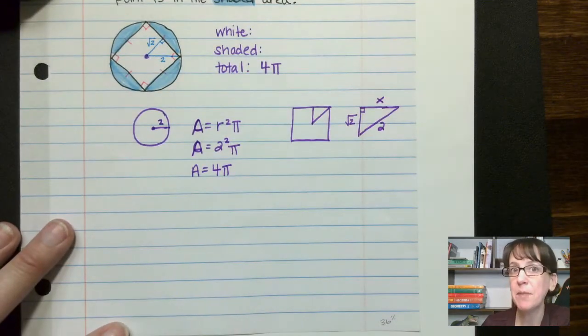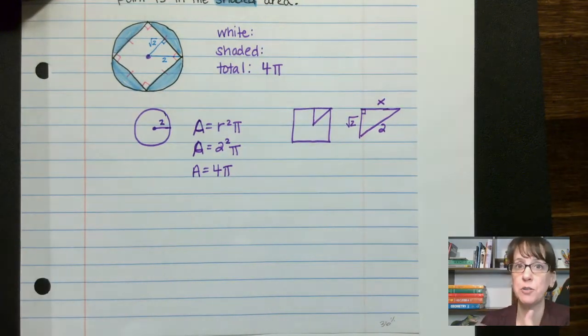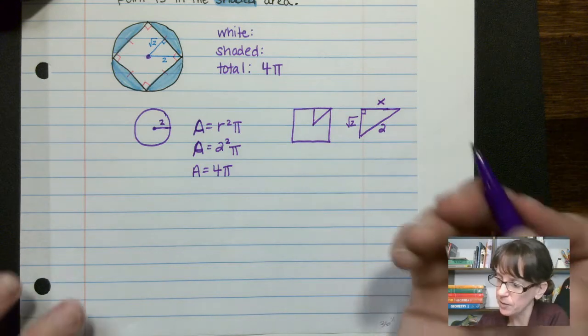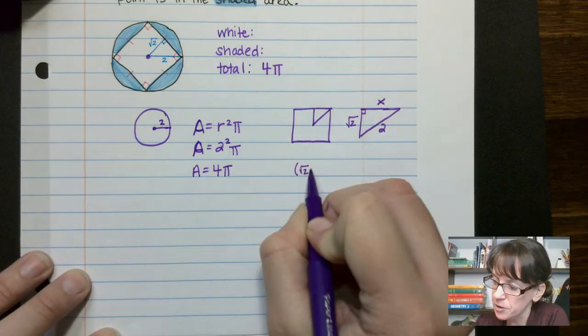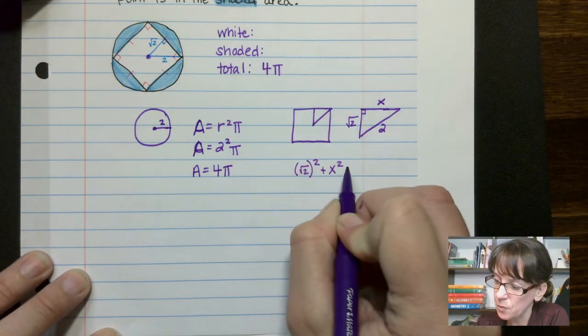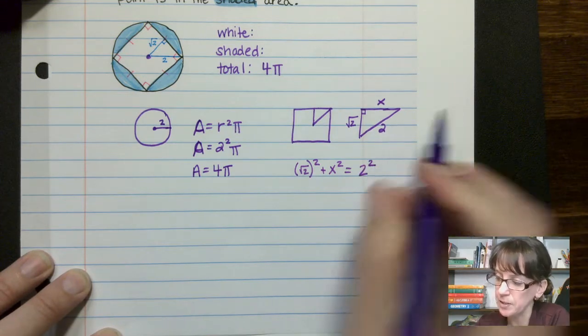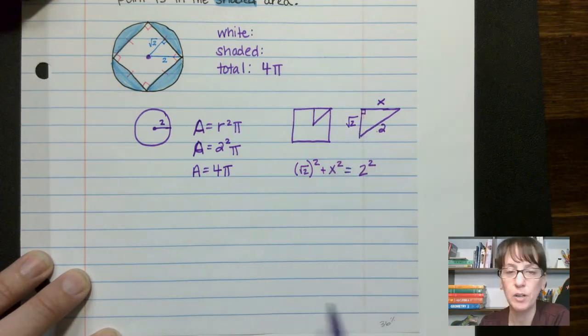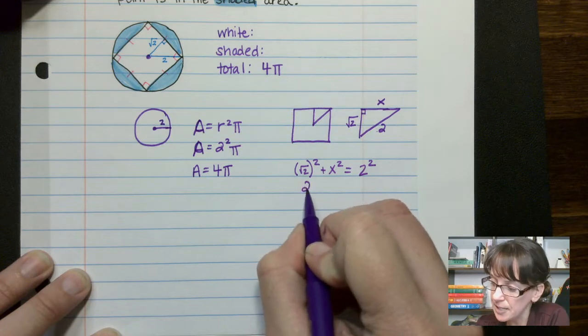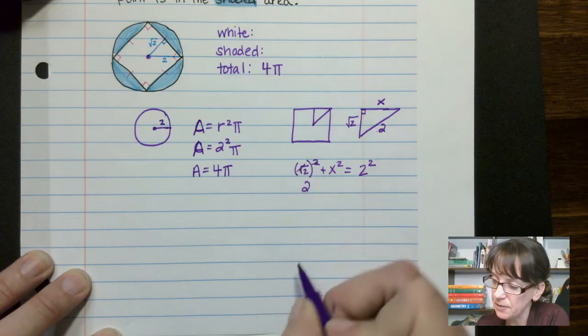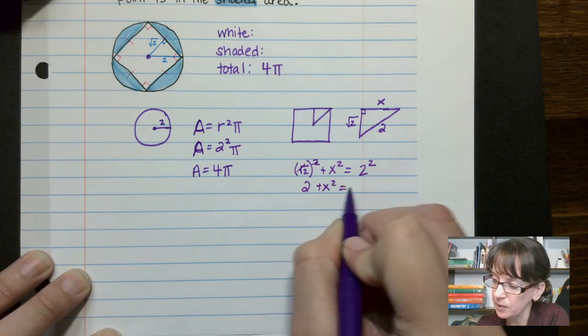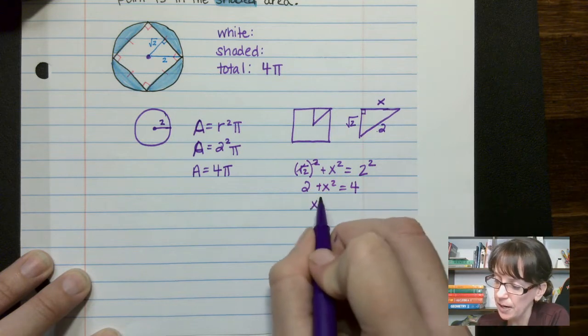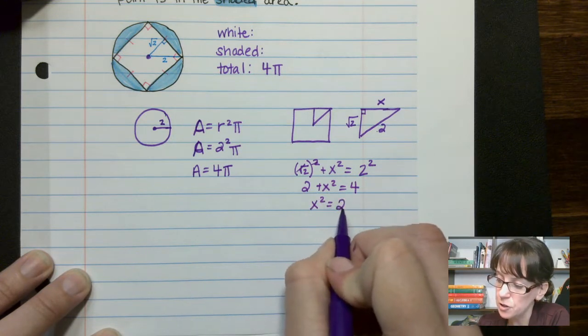Remember, when you have a right triangle, you can always use your Pythagorean theorem. So we can say the square root of 2 squared plus x squared equals 2 squared, because our hypotenuse is always across from that side. That gives us 2, because the square and the root cancel out, plus x squared equals 4. So x squared equals 2.